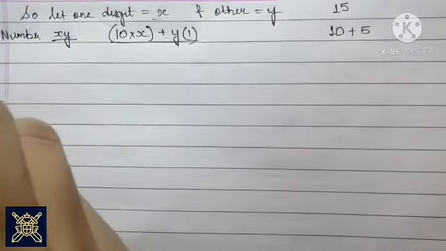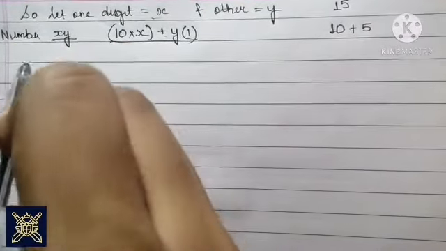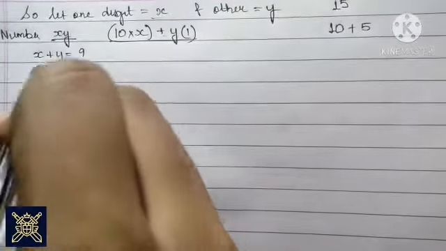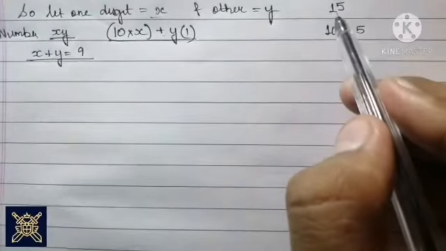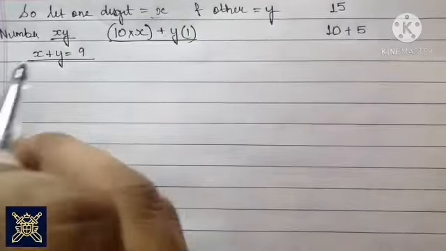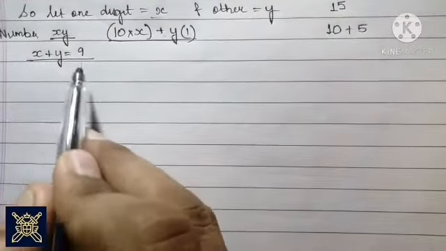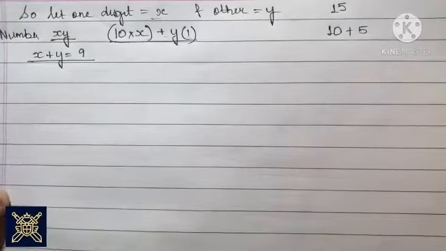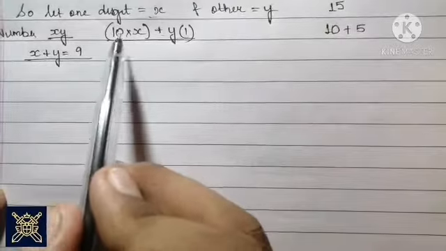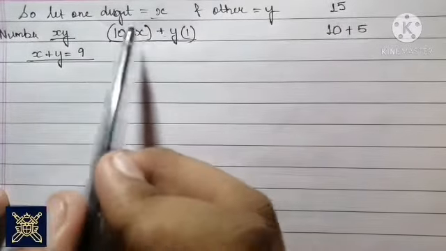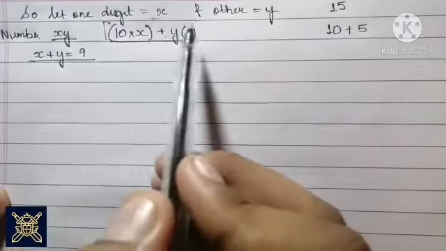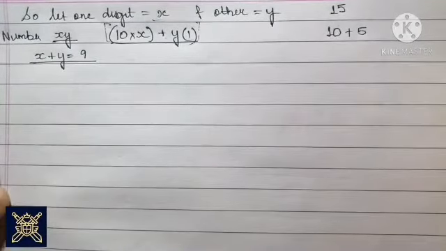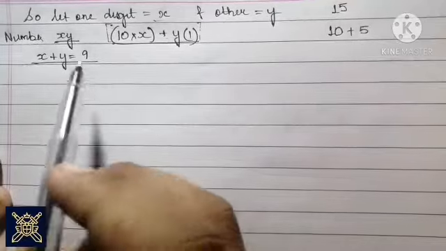Also it is given that the sum of the digits is 9. This implies that x plus y is equal to 9. For example, 1 plus 5 is 6; here it is given that x plus y is 9. And the next part: it is given that 9 times this number, that is 10 into x plus y, into 9, will be equal to twice the number obtained by reversing the order of digits.